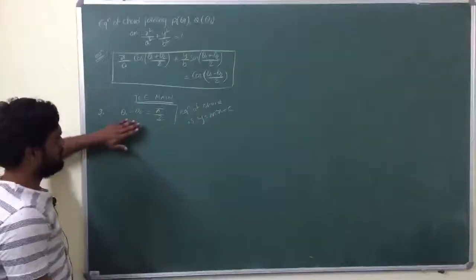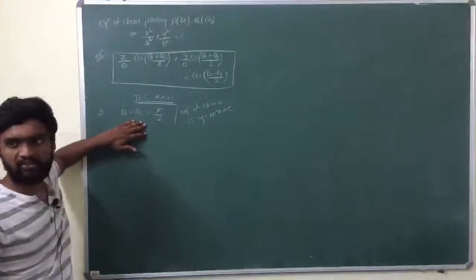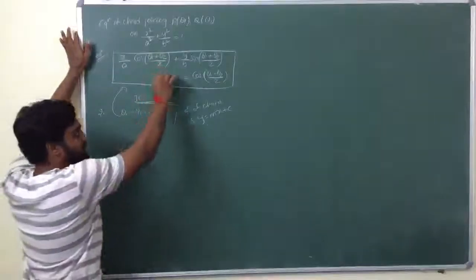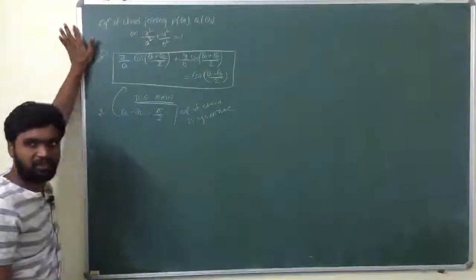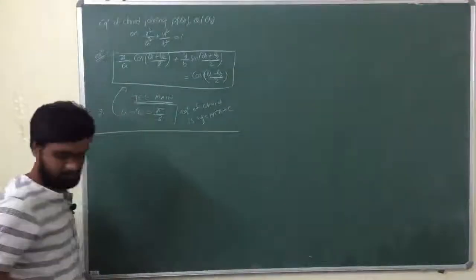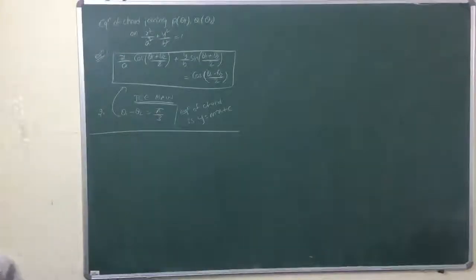Now substitute theta 1 minus theta 2 is equal to pi by 3 in this equation, and then compare this equation with y is equal to mx plus c. From there you will get the condition. Okay, I'll try again. Then my formula is clear.